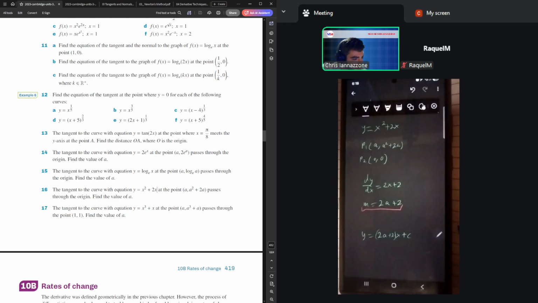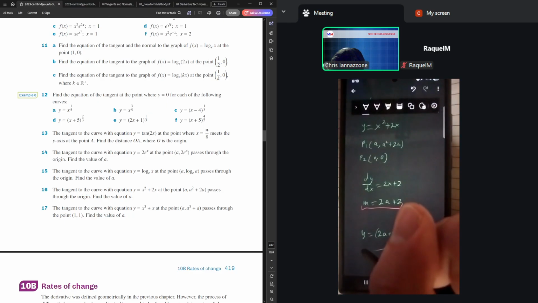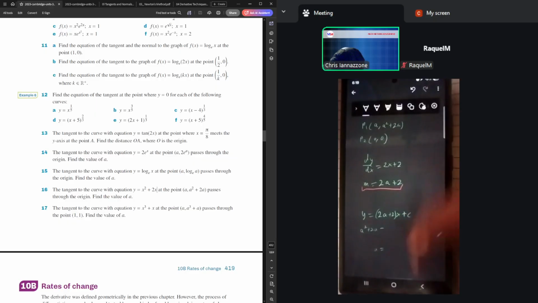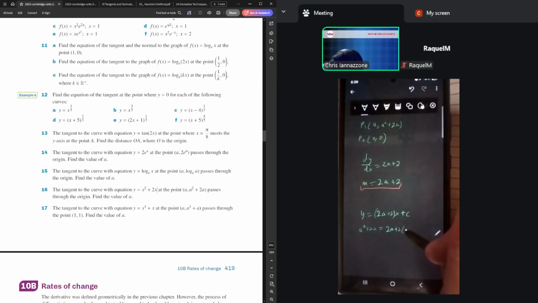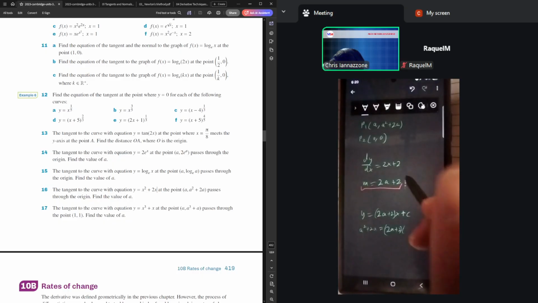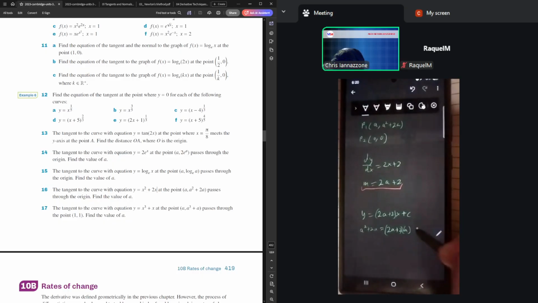This question is a little bit different because we are ultimately trying to get to the value of a specifically. But if all we had to do was find the tangent line, then you could start doing things like this, and then you would sub in your point as well, and you would get it fully generic in terms of a. So for instance, you'd have a squared plus 2a as the y value, 2a plus 2 as the gradient, x is now just a, plus c.